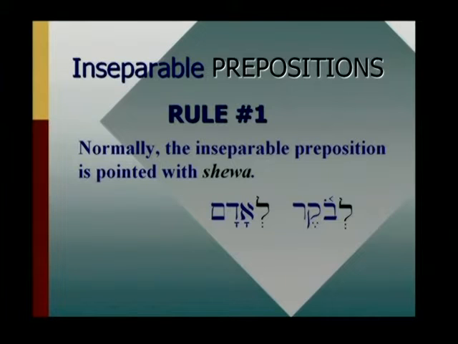Adam becomes le-adam. For man, for Adam, to man, or to Adam. Nahar, river, becomes benahar. Ba is in, so it'd be in a river.